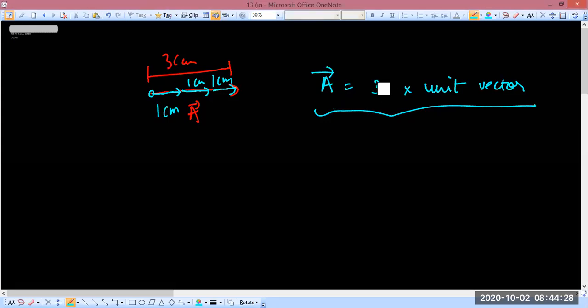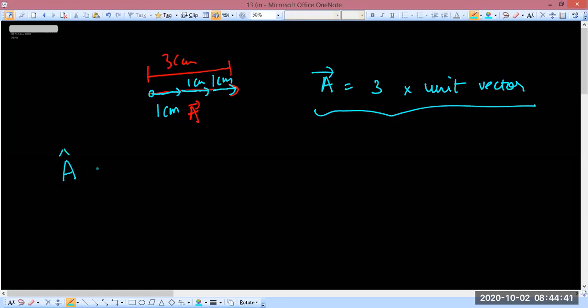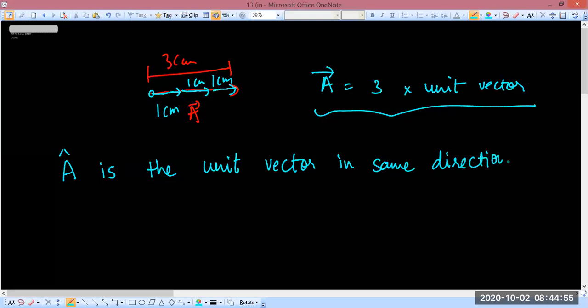Okay, now, so you know, this actually demands a symbol. How should we write this? Okay, we can't write it as 3 into unit vector. So a hat, listen to this carefully and you can write it also. A hat is the unit vector in same direction as a vector.